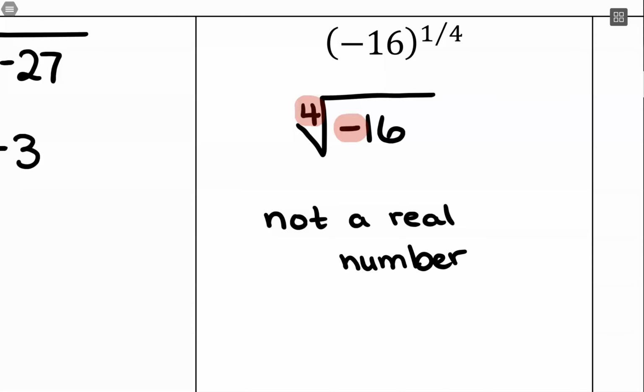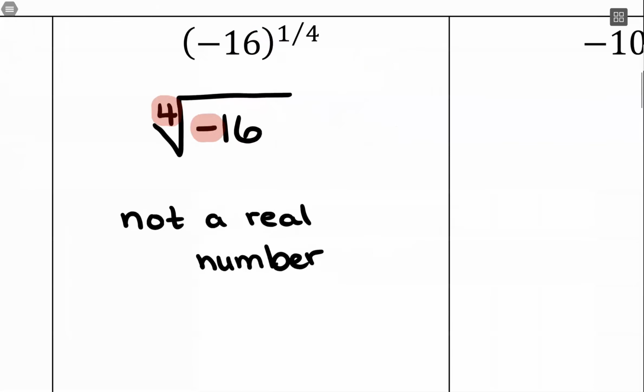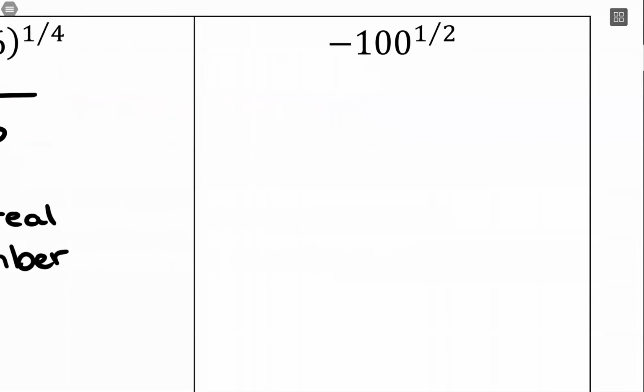So be careful of those. That'll come through when you have these even denominators showing up in the exponent on top of a negative number.